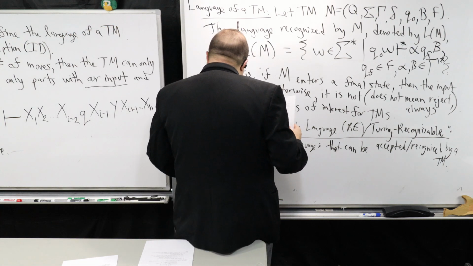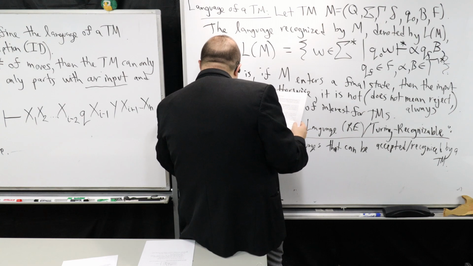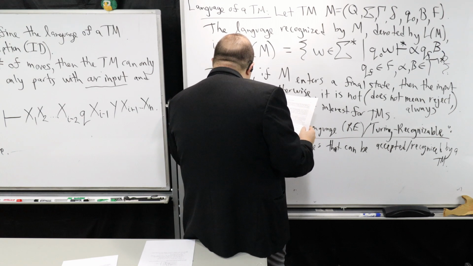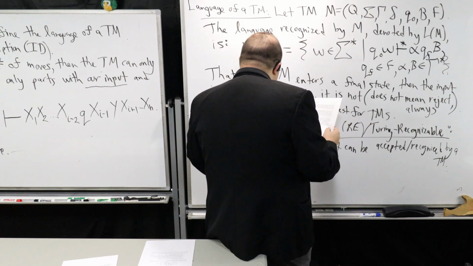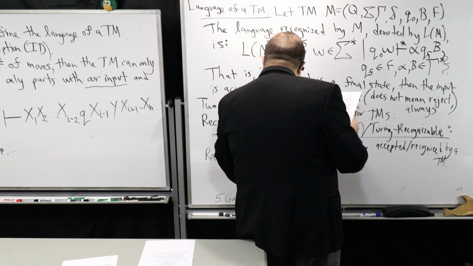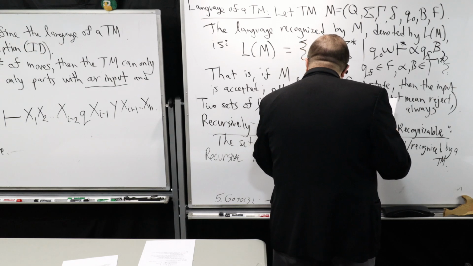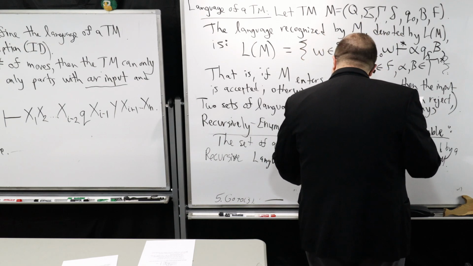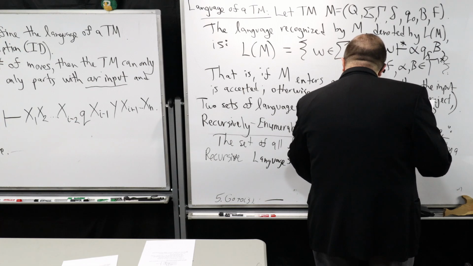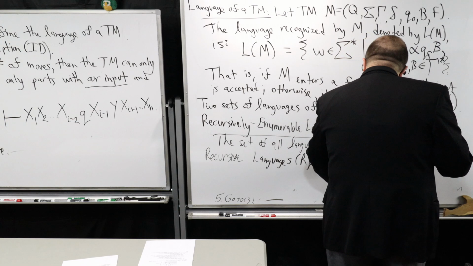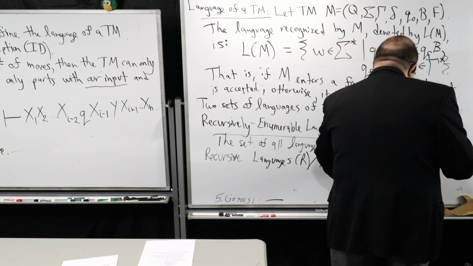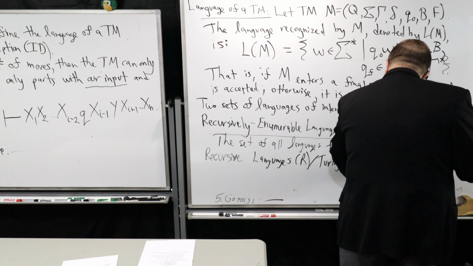Another one is the so-called recursive languages. These are what we call Turing-Decidable. The recursive languages we mostly denote as R. This is what the phrase I was using at the beginning of this lecture was about.